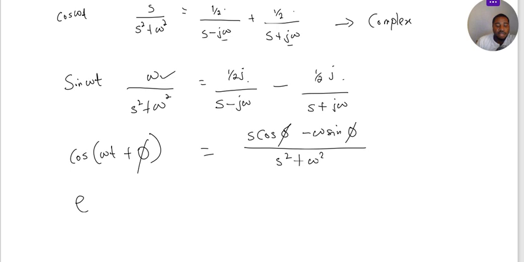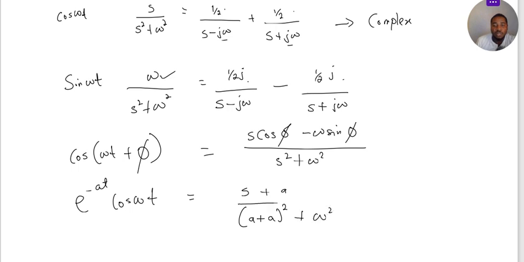Now similarly, if you have e raised to the power at, then cos omega t. Now we have done this. You can just multiply them together, but for emphasis sake, you just have s plus a upon s plus a squared plus omega squared.